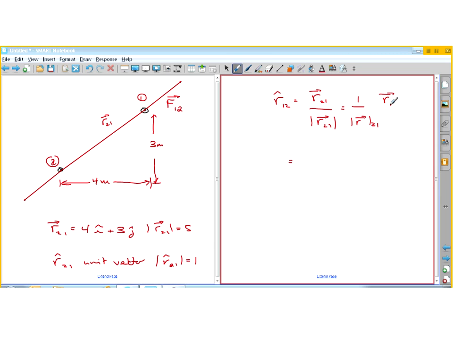This is a number, this is a vector. So we get 1 over 5 times the vector, which would be 4i plus 3j, or 4/5 i plus 3/5 j. So that is the unit vector. If we were to take this squared plus that squared and add them together, we'd get 1. That confirms that the magnitude of the unit vector is 1, and that's how you calculate the unit vector.